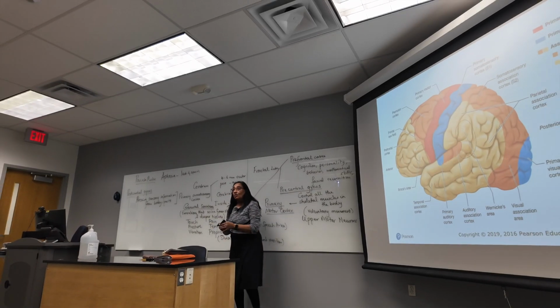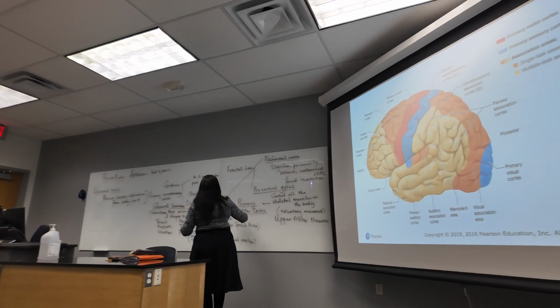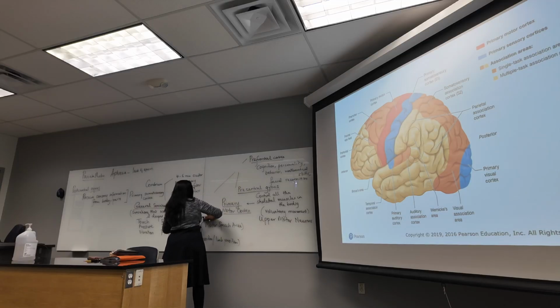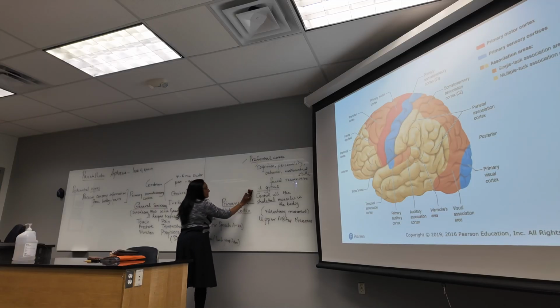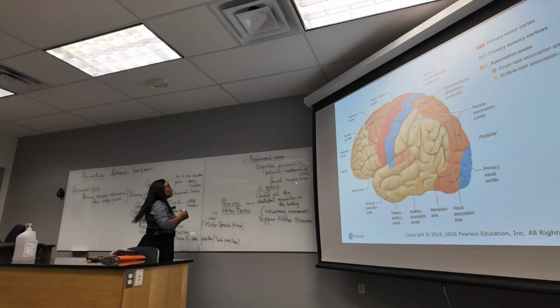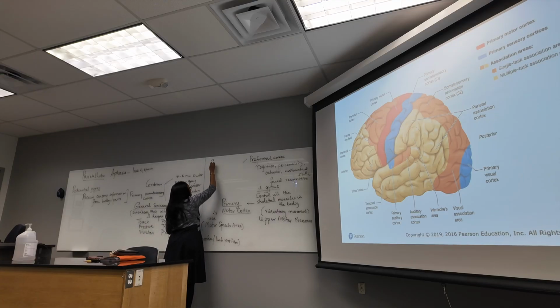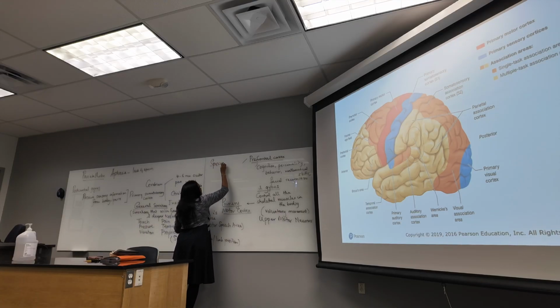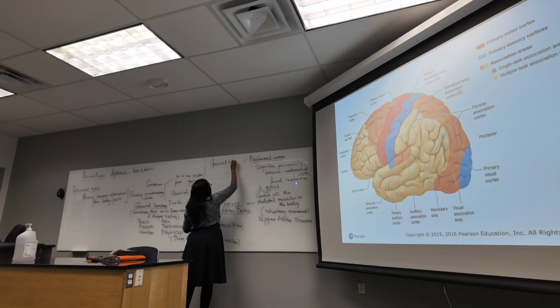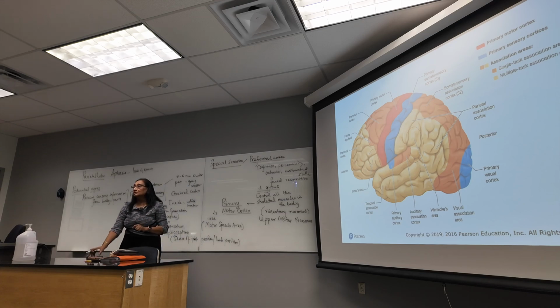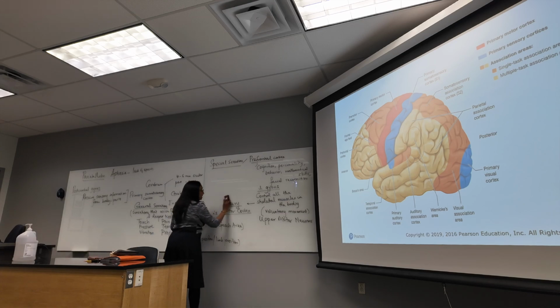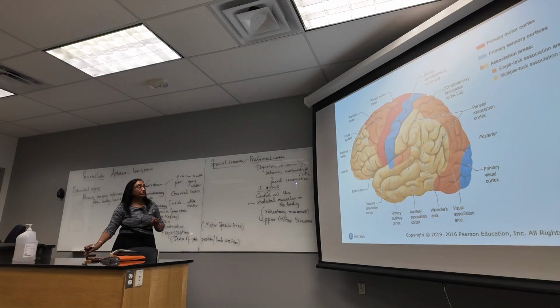Now the sensations that are specific to your special sense organs are called special senses, special sensations. Special sensations are those for which you have a specific organ. It's not like the skin and things like that. There is a specific organ for that.